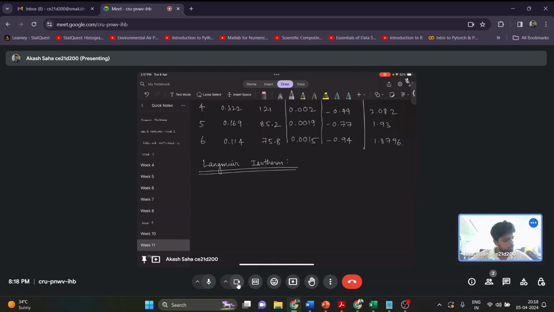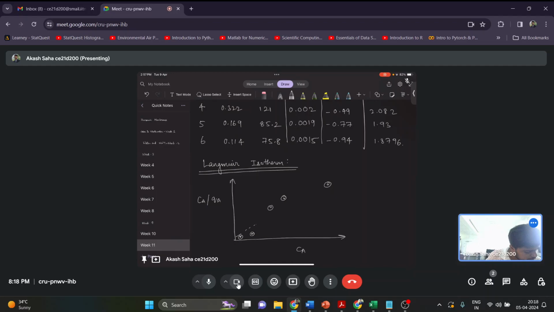Fine. So if we plot the graph between Ca by Qa on the y-axis and Ca on the x-axis, we will get some points like this. Okay, suppose these are my points. Once we get these points, we will try to fit them with the help of linear regression.